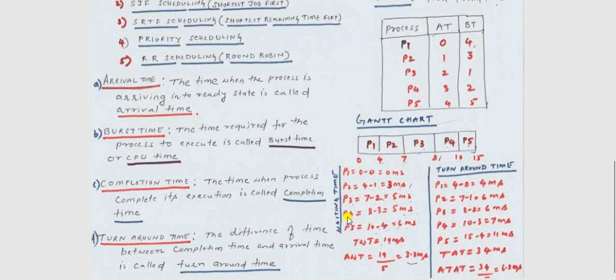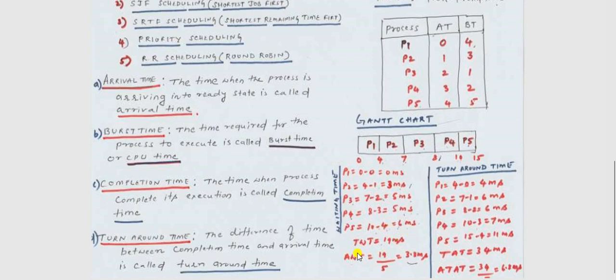Next P4: starting time from the Gantt chart is 8, arrival time from the table is 3, so 8 minus 3 equals 5 milliseconds. P5: starting time from the Gantt chart is 10, arrival time from the table is 4, so 10 minus 4 equals 6 milliseconds.